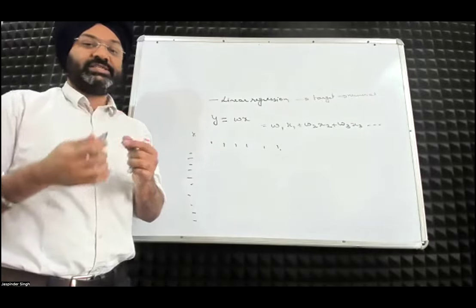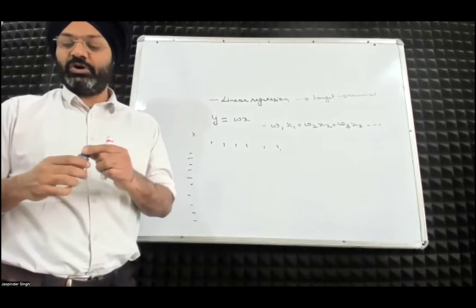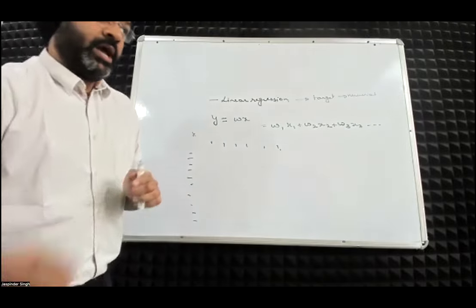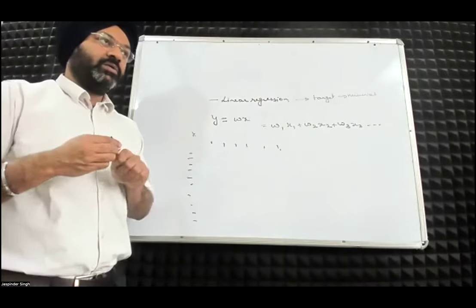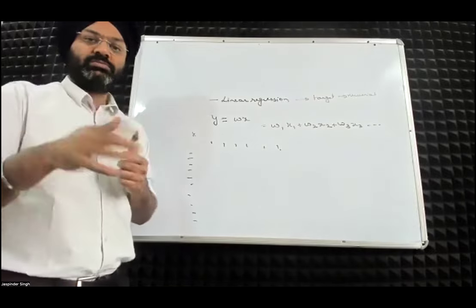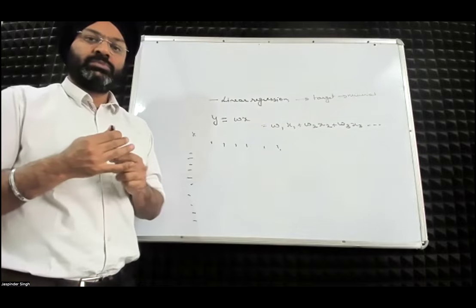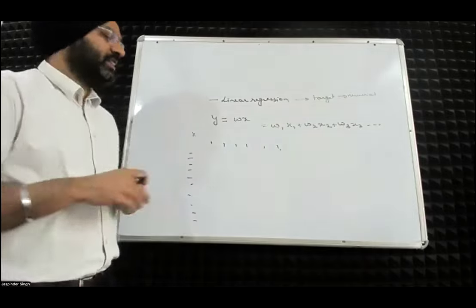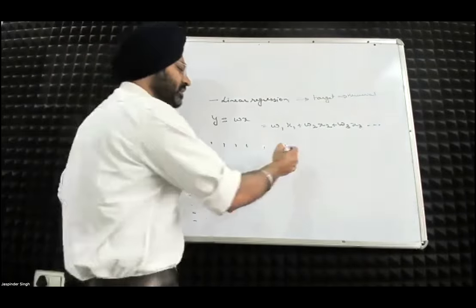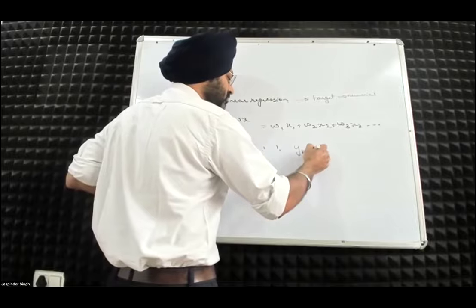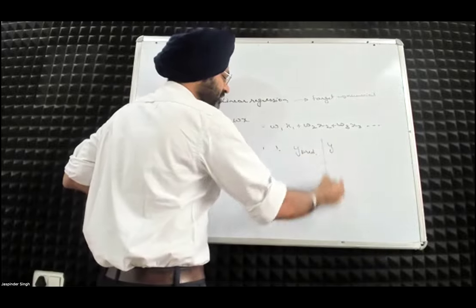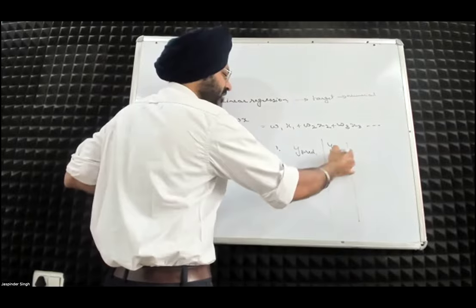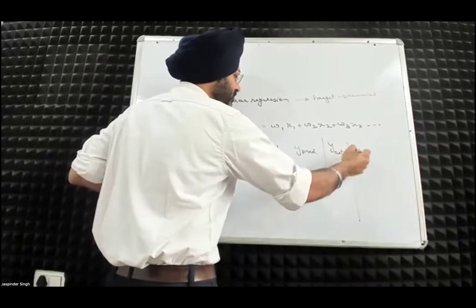Initially, since we don't have any input of the weights, in machine learning what we do is we take a random guess of the weights. With that random guess, we are trying to find y predicted. Remember, there is an actual column that we have dropped, which is y actual, y true.